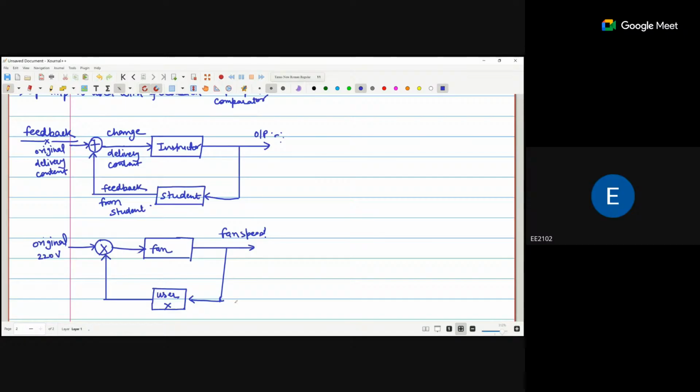So what should he do? He reduces the fan speed, reduces the voltage.